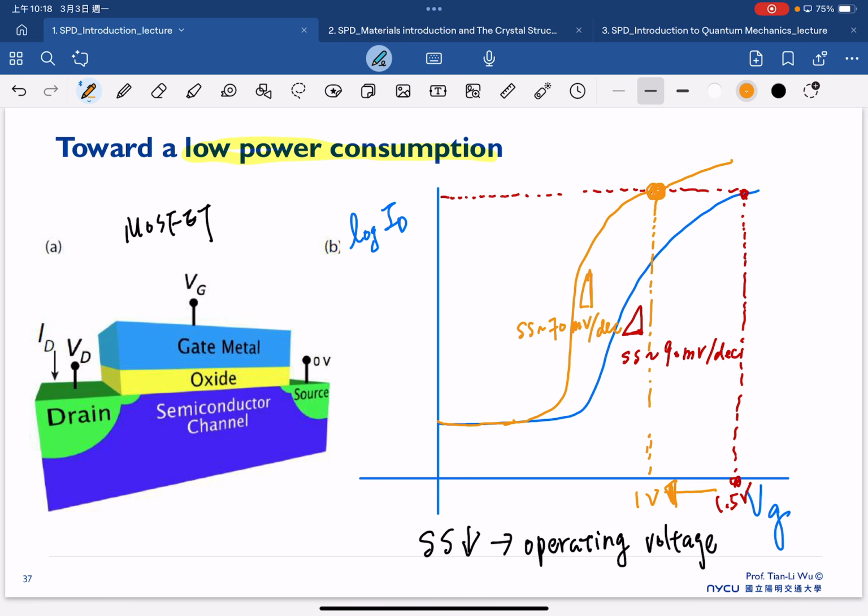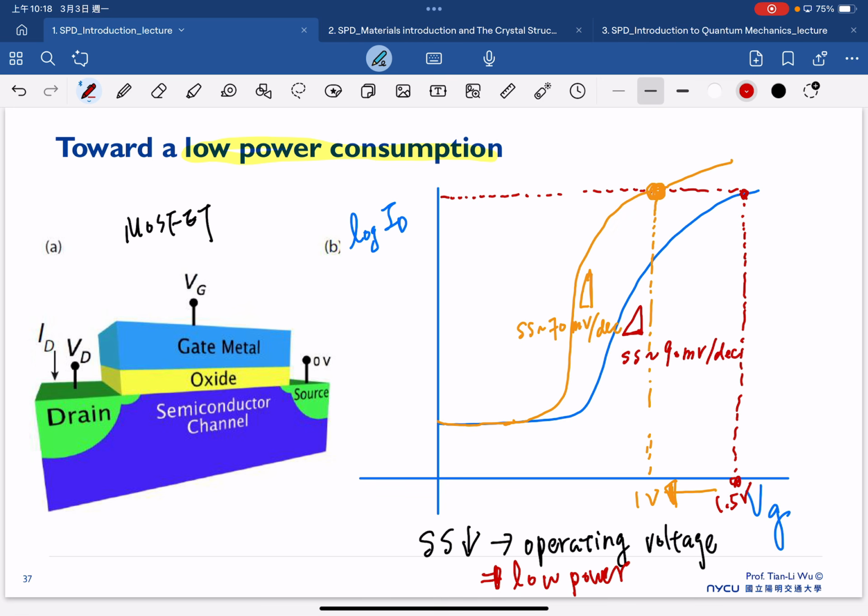And in the end, which is good for low power consumption. Because now we only need to operate at 1 volt, which is good for low power operation as well. So that's the general idea of how we try to make a low power operation transistor.